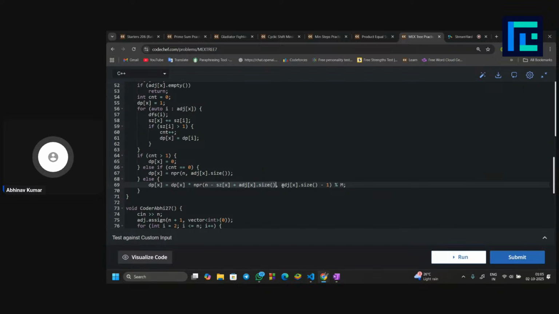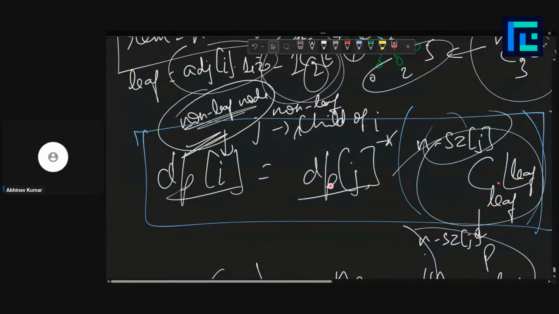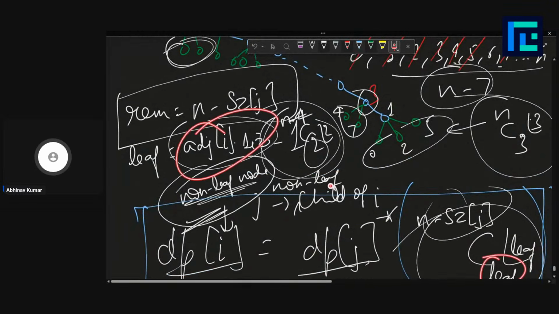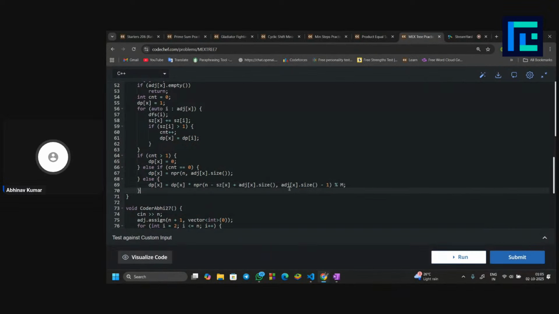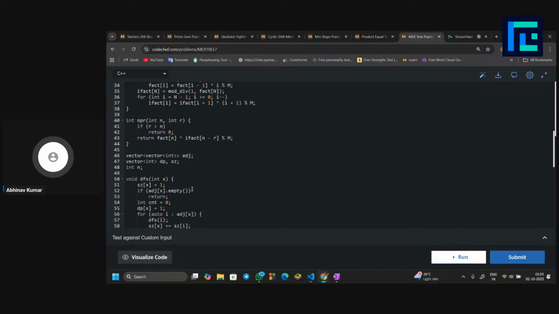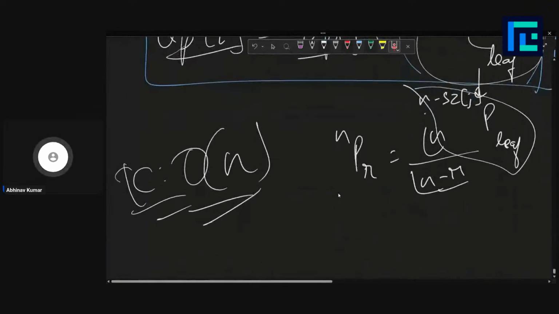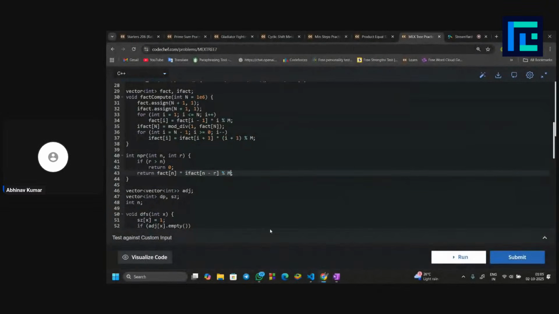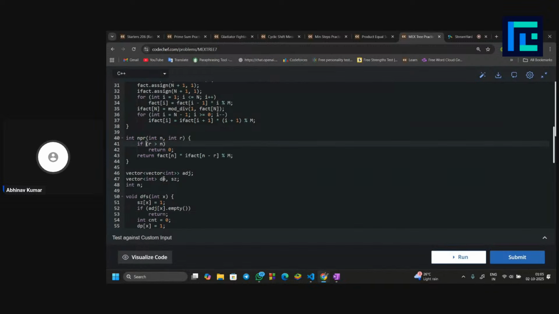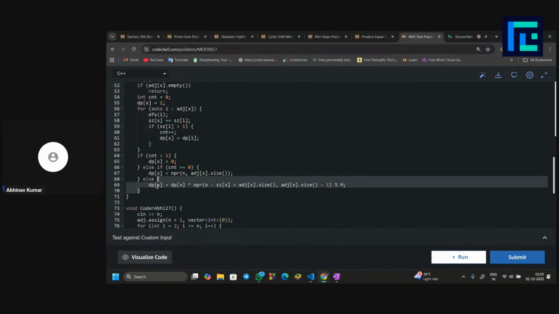Okay, and this other thing, the number of leaf nodes, is size of adjacency x minus 1. So this is multiplied by NPR, and NPR I'm computing as factorial of n into inverse factorial of n minus r. Okay, this is what NPR is, n factorial by n minus r factorial. So this I would return in my dp.